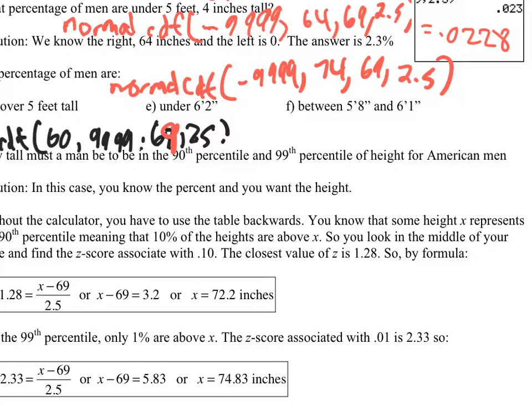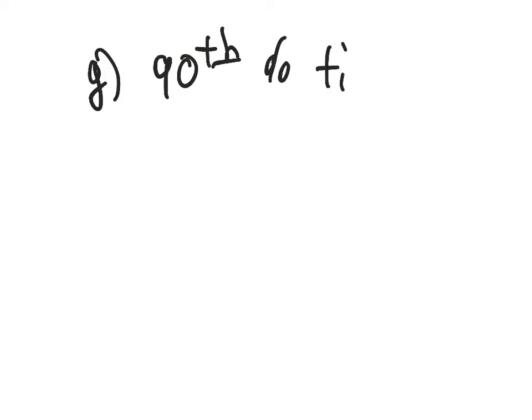Letter G. That's going to require a little more thought. Give me letter G, please. How tall must a man be to be in the 90th percentile and the 99th percentile? Well, I'll first do this one. How tall must a man be to be there?